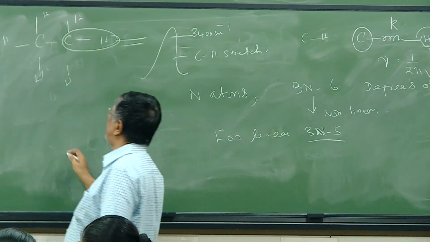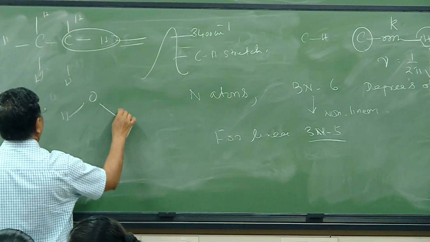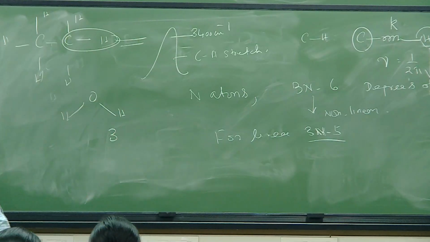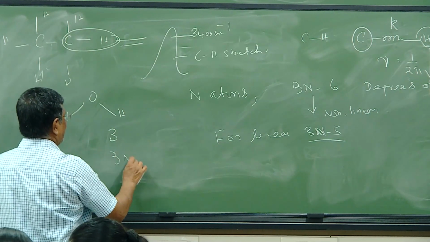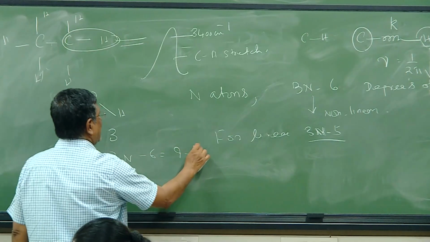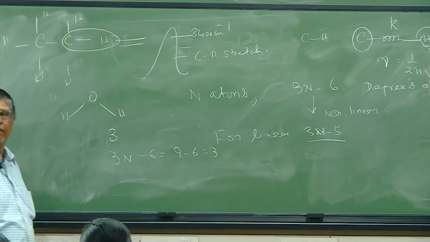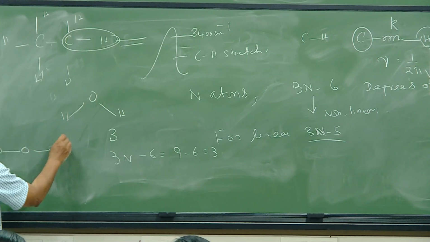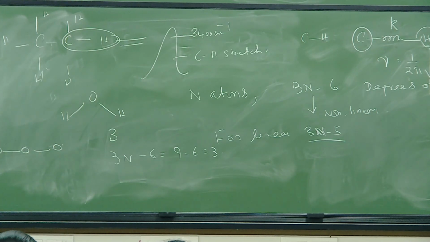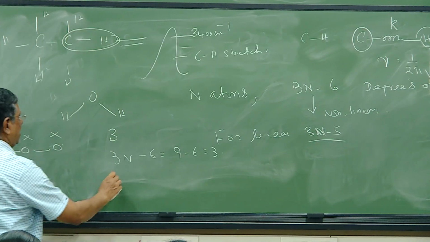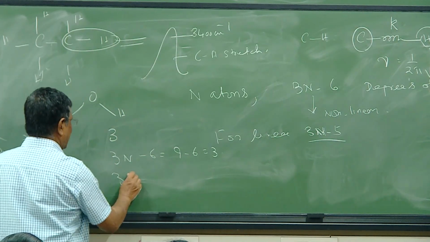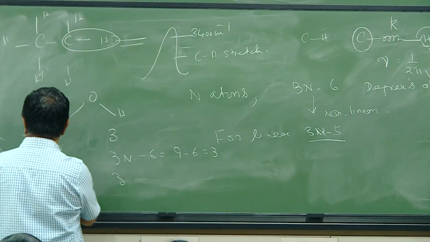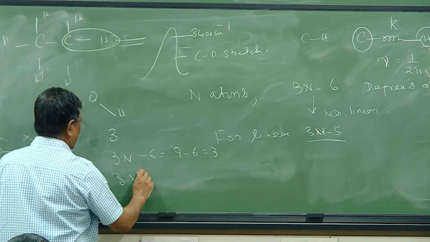So let's take water. We have 3 atoms. Therefore, the number of degrees of freedom is 3n minus 6, that is 9 minus 6, which is 3. In this case, let's say you have a hypothetical linear molecule. Then it is 3 into 3, minus 5.